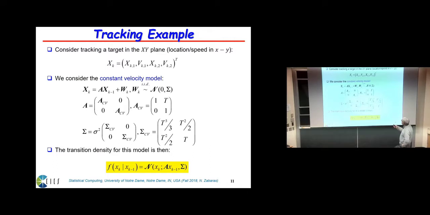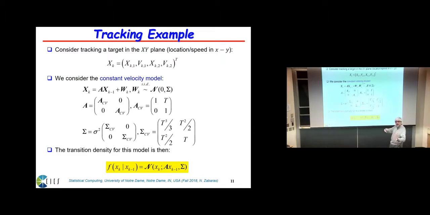And actually, if you expand the vector xk and you expand the vector xk minus 1, this equation makes lots of sense. It says the x coordinate at time k is what? Let's look at this equation. I see a matrix A there. So it is the x coordinate at time k minus 1 plus t, where you can think of t as a time step, times the velocity at the previous time step. You see that?